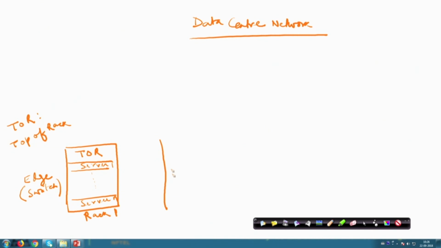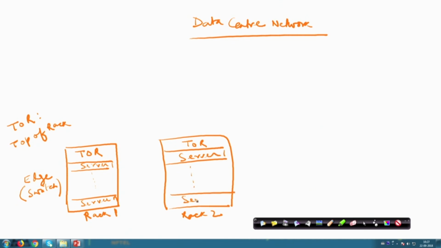So, we have one TOR, and we have another rack with another TOR, with server 1, server 2 to server n. Whatever be the n, it may be equal to 5, 6, 10 or whatever, depending on the type of rack.